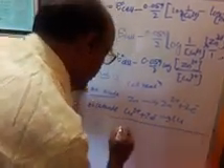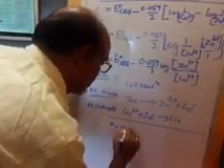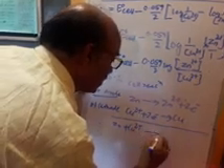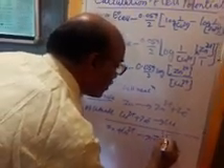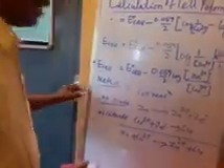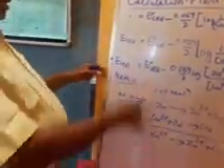Then the overall reaction is Zn plus Cu2+ gives Zn2+ plus Cu.